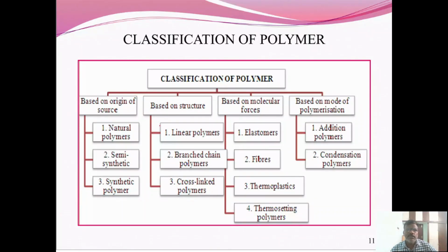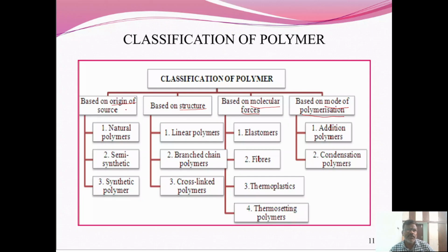Classification of polymers. In general, there are many types of classifications. The main classification is that we can classify the polymers based on the origin of source, based on the structure, based on the molecular forces, and based on the mode of polymerization reactions. In this there are four categories.